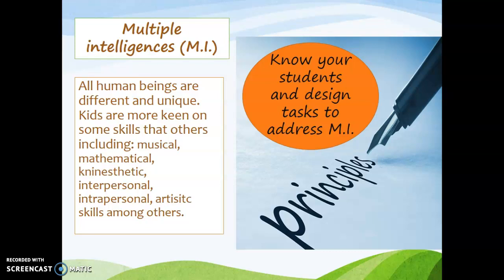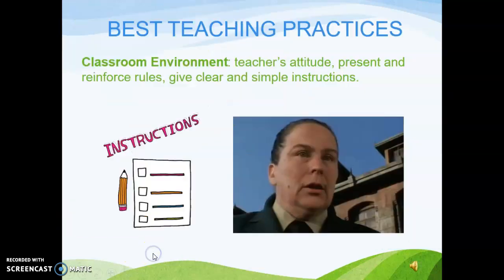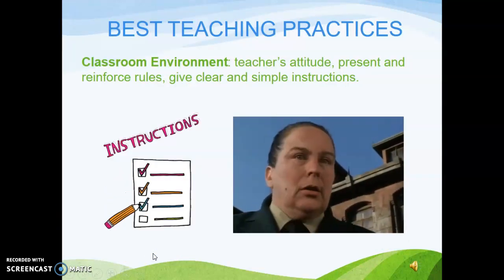It is important to keep in mind their musical, kinesthetic, interpersonal, intrapersonal, artistic skills, among others, and to promote multiple intelligences in class. This way, we can have very good teaching practices in class.